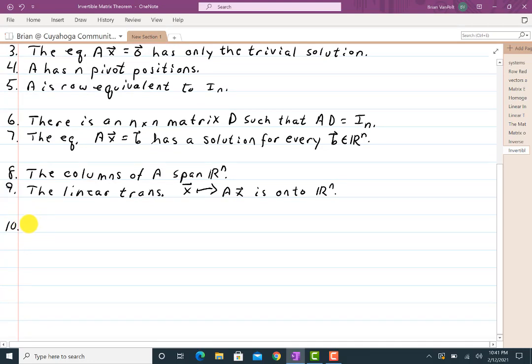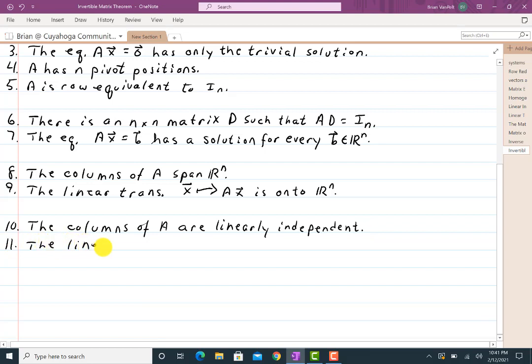Number 10, the columns of A are linearly independent. 11, the linear transformation x to Ax is 1 to 1.